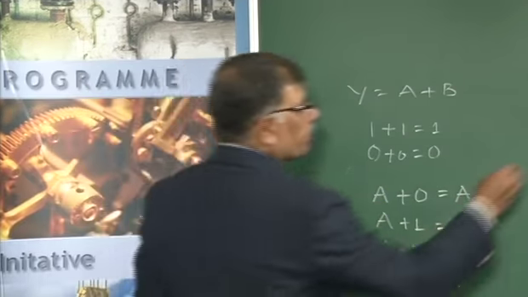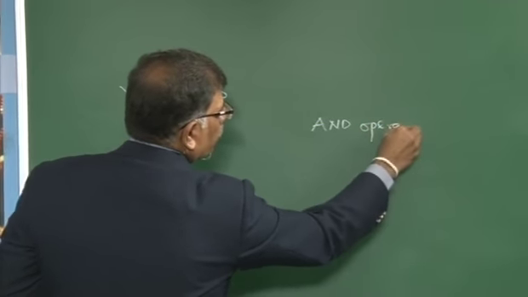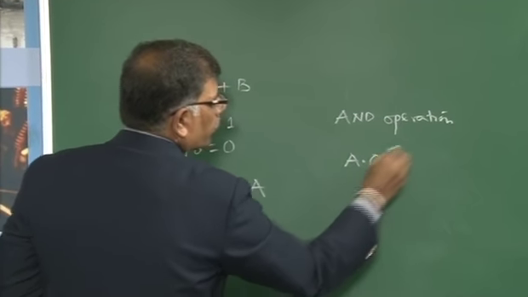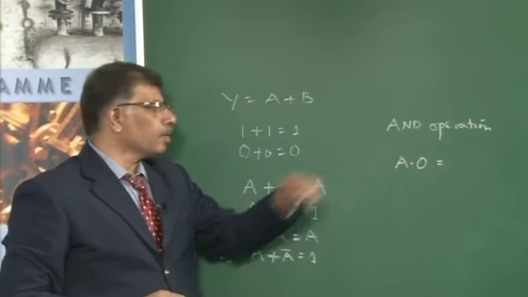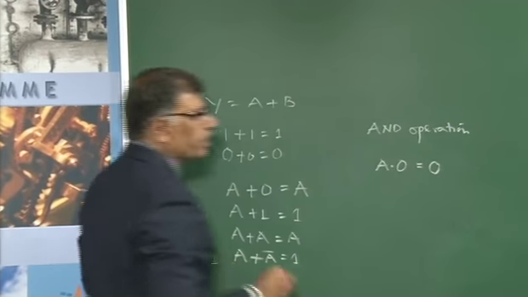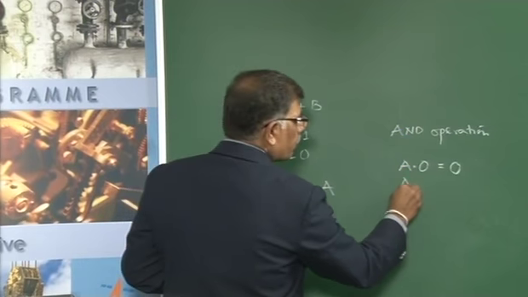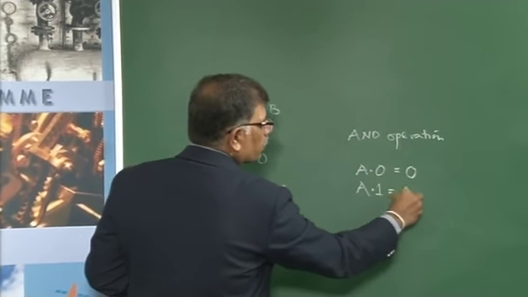Similarly, we will see what happens with respect to an AND operation. The first one I will take is a dot 0; dot represents an AND operation. A dot 0 means the output will be equal to 0 itself. If I do an AND operation with a variable and 1, a into 1 is nothing but a.